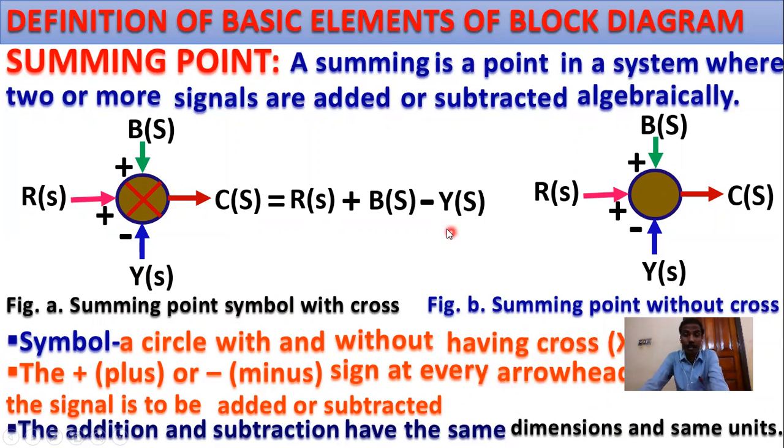This is very important. Suppose this is voltage, so B of S is also voltage, Y of S is also voltage. If this is current in amperes, then the others are also current. So same units and same dimension. This is a very important section.